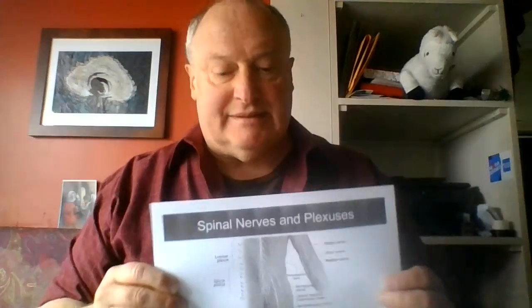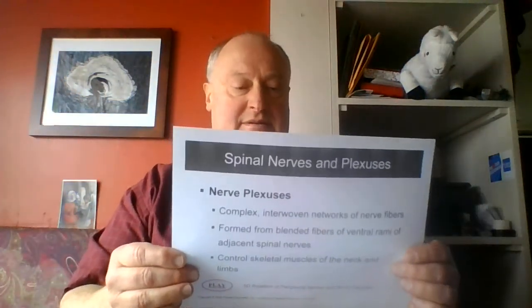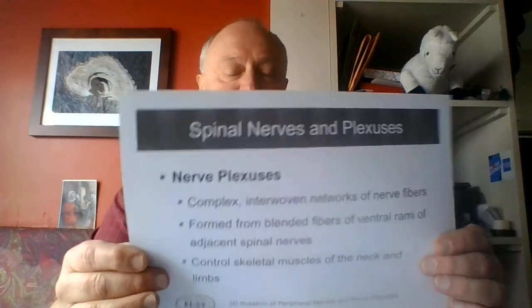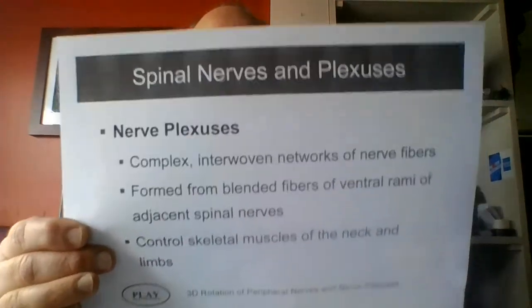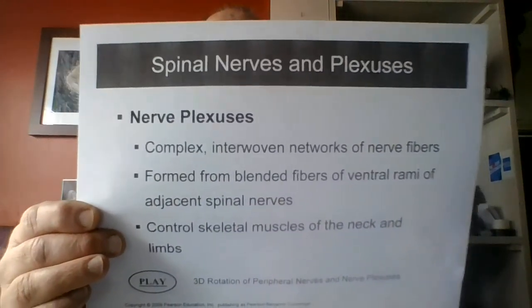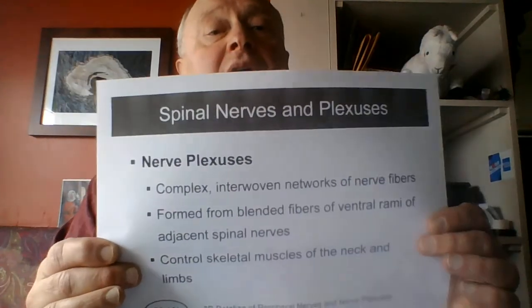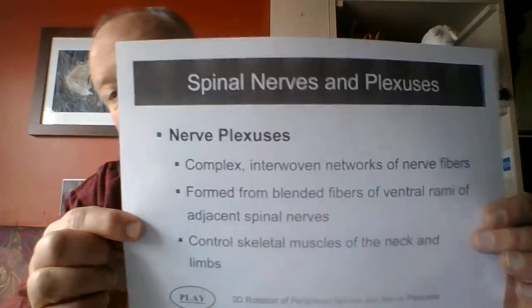Alrighty, perfect. Okay, so what are the nerve plexus? Let's talk about it. All right, so they are a branching network of nerves composed of afferent and efferent fibers.